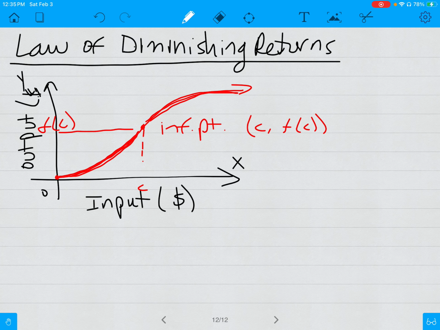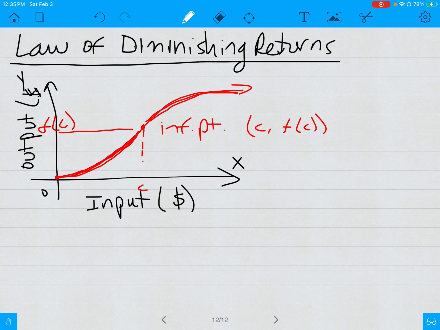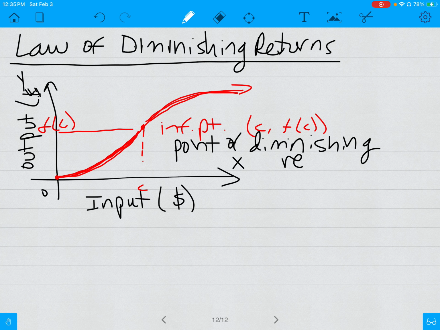So we call this inflection point the point of diminishing returns. The returns on our investment have ultimately less value after that point than they did before it.